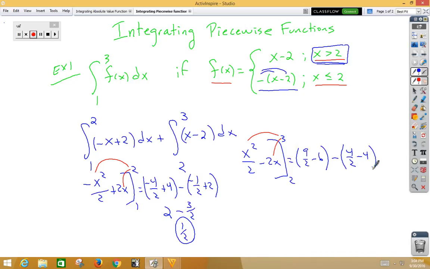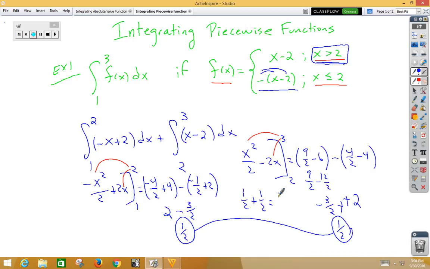Well, common denominator here would be 9/2 minus 12/2 would be a negative 3/2. Over here, we've got minus a negative 2. Double negative makes a positive, so we would get a 1/2 on that side. Now notice our two answers, we're going to now combine them, so we get 1/2 plus 1/2 is 1.